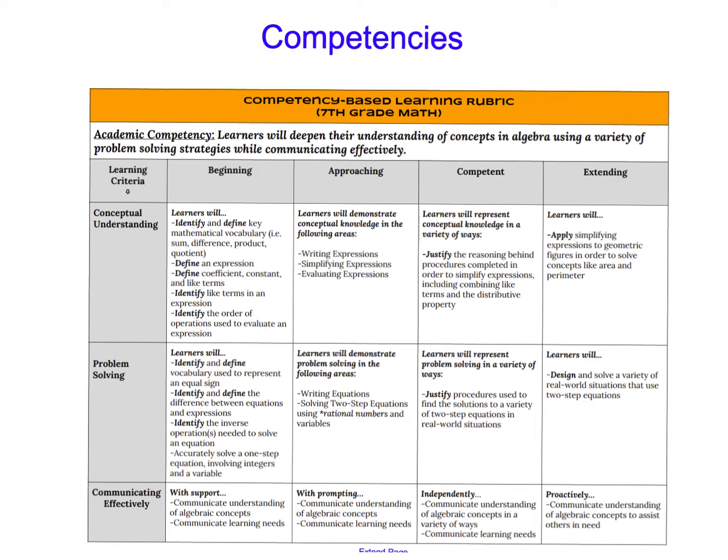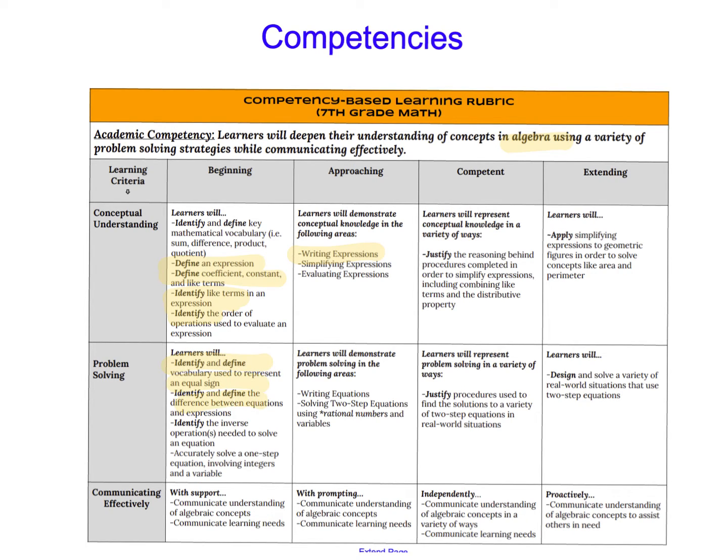We're going to be working on our next competency, which deals with algebra. One thing we're going to be doing here is writing expressions. We're going to be able to define a lot of these words, identify coefficients and constants and like terms.